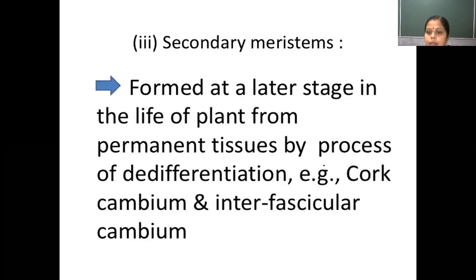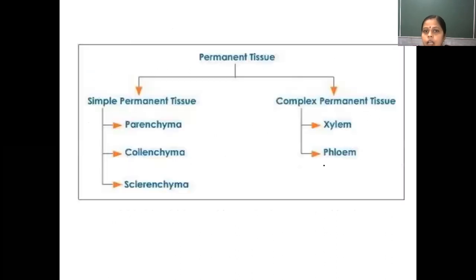Next, secondary meristem, which is formed at a later stage in the plant from permanent tissue. Example for this is cork cambium, interfascicular cambium. We will come to what cork means and what fascicular cambium means in the later part of the chapter. Okay, next. Again, permanent tissue is divided into two types, simple permanent and complex permanent. This we have discussed now.